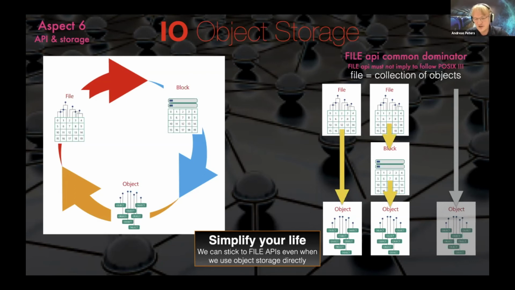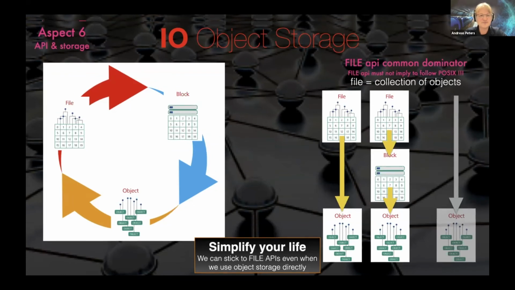A lot of storage systems use it underneath, but they still expose your files. And if we have to move things around between different flavors, it's still very convenient that there is a top level idea of what is a file, which is just a collection of objects which you then can access in the most performant way of an API of an object storage.